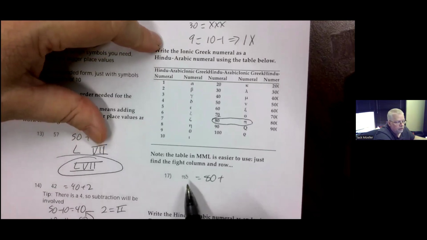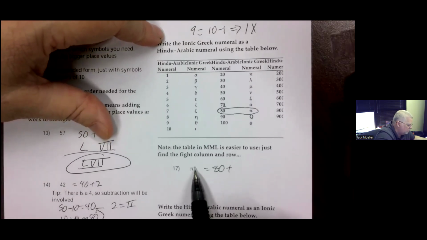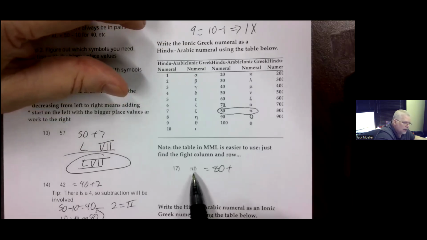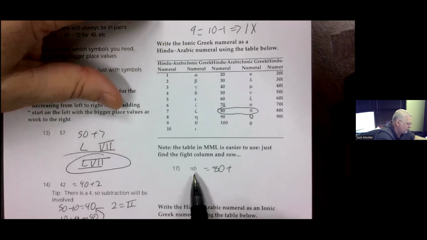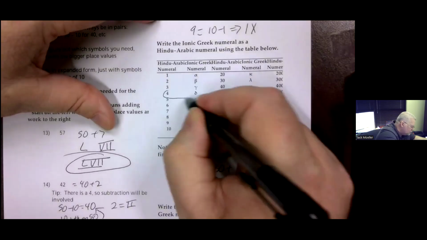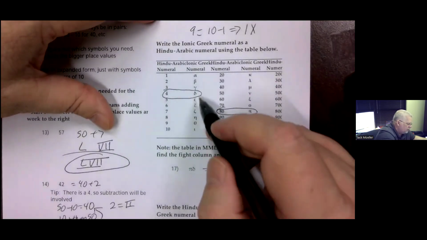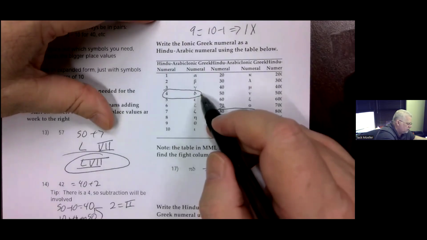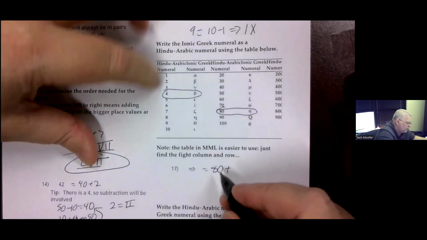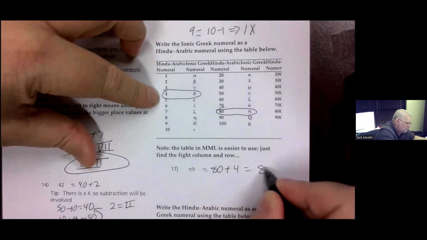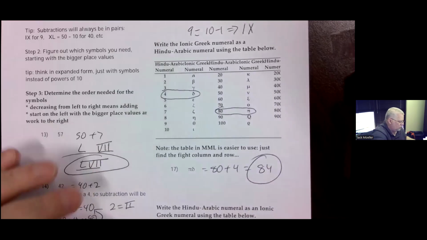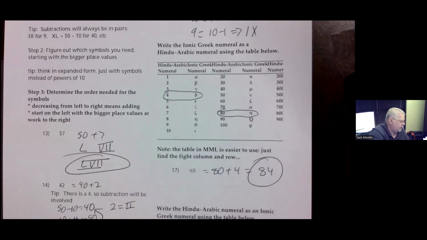I have to admit I'm a little out of date on being able to read my Greek, but that symbol is right there. Alpha, beta, gamma, delta. Is that delta? I believe that's delta. But anyway, that's a 4. So pi delta, if I got that correct, is 84.